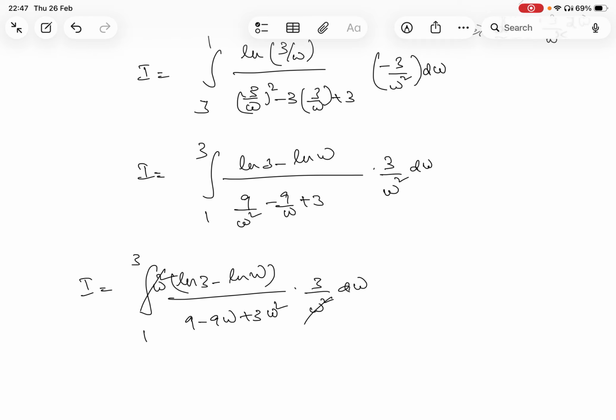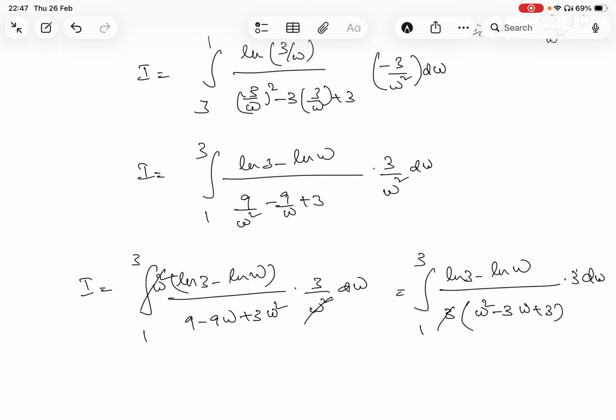As you can see, you can take a factor of 3 out of the denominator, so this becomes ln 3 minus ln w divided by 3 into (w² − 3w + 3), into 3 dw. That is 3w² − 9w + 9.